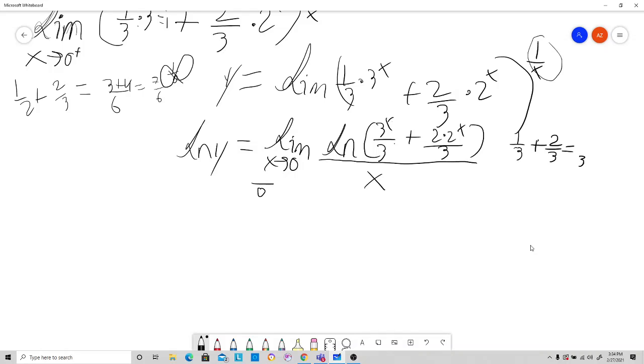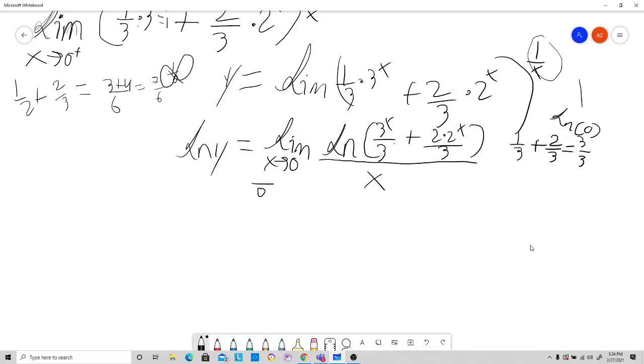And we can see that would be 3 over 3, and that would be the ln of 1... and if we remember, there's an asymptote at ln of 0, so it doesn't exist though.